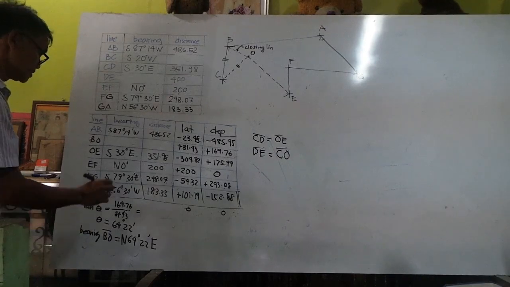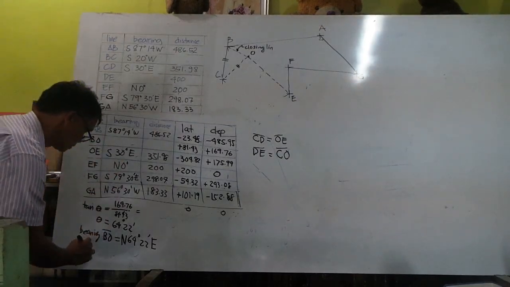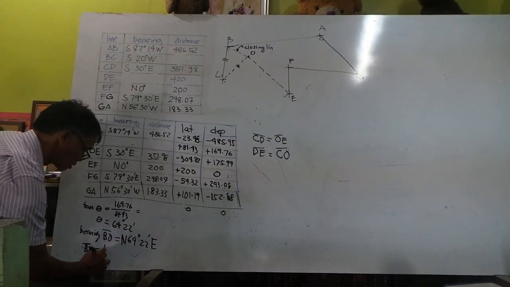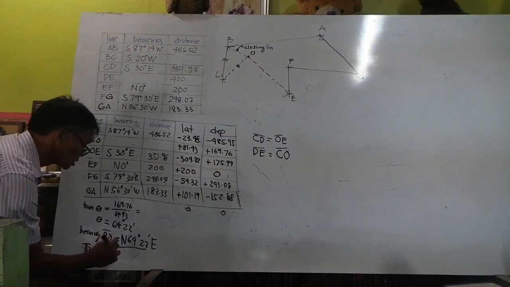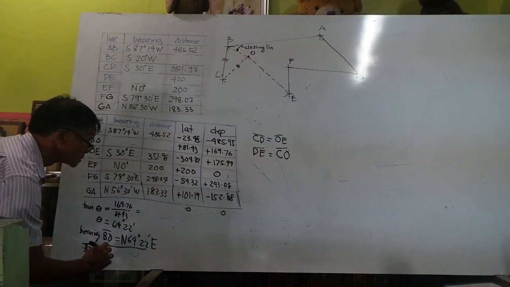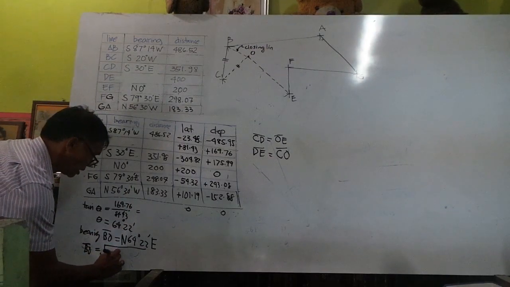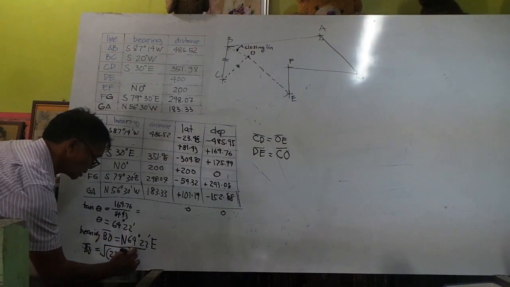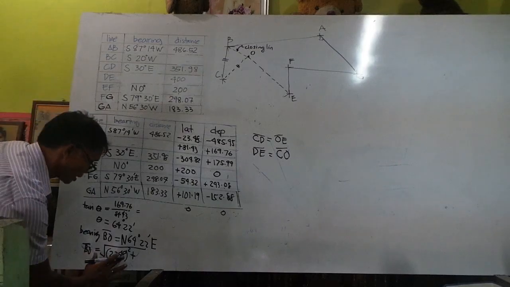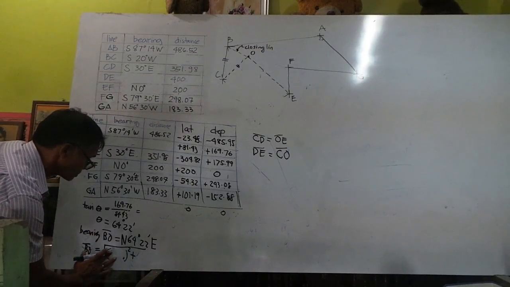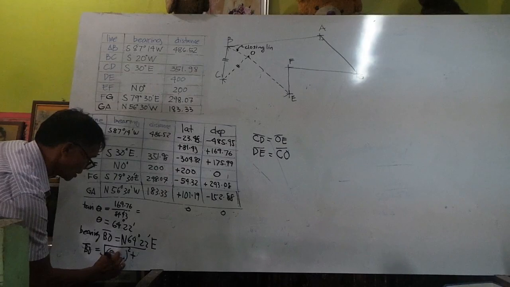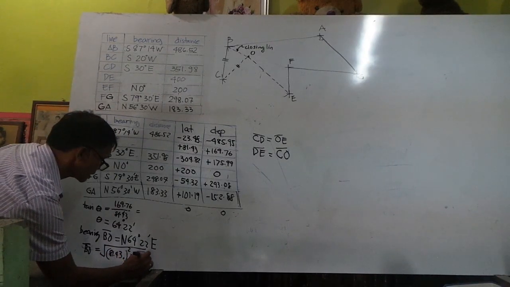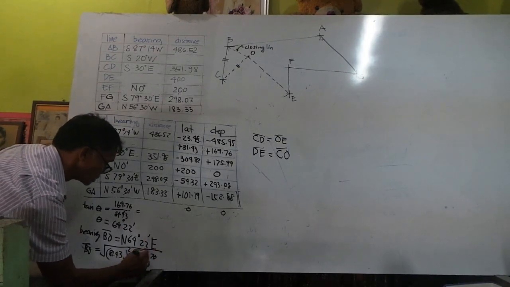Then for the length BO, it's just equal to the square root of the square of the latitude plus the square of the departure. So you have 81.43 squared plus 169.76 squared.